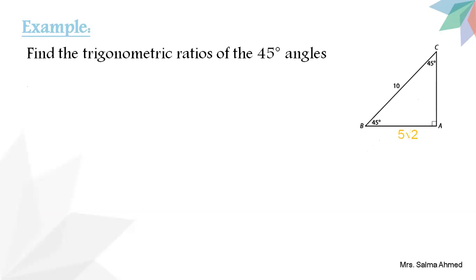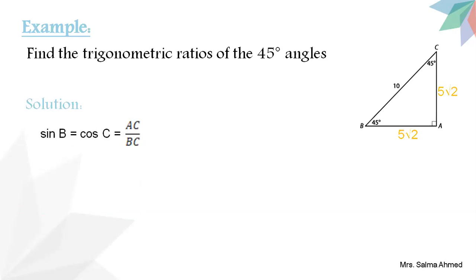First find the two legs, with any method you want. If the hypotenuse is 10, the leg is the hypotenuse divided by 2 times root 2. So 10 divided by 2 is 5, times root 2, gives 5 root 2. The other leg should also be 5 root 2.